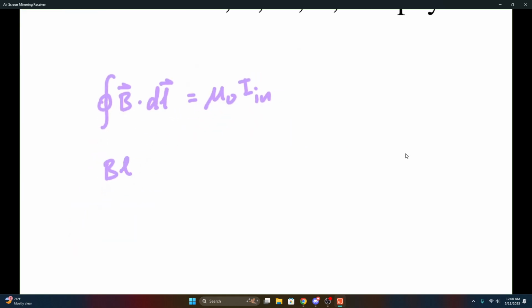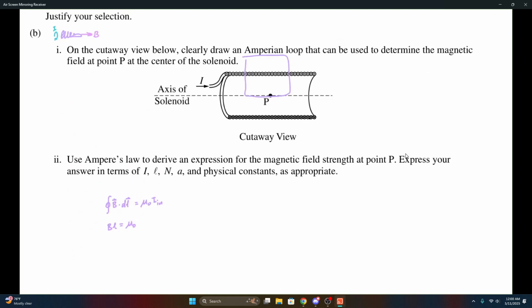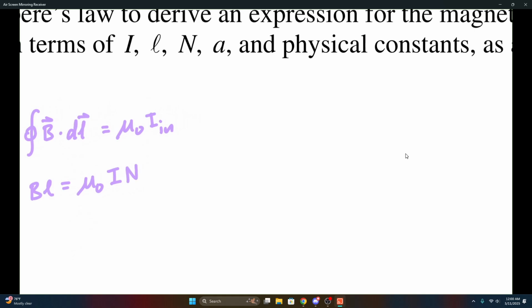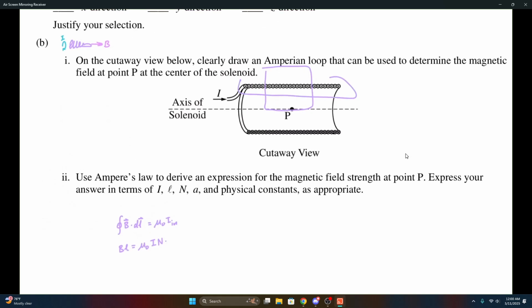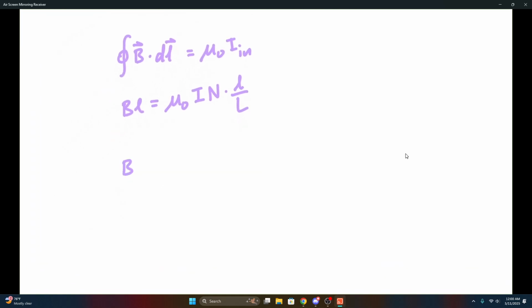So it's just B times little l equals mu naught, and then the I enclosed is the total current times the number of loops times the proportion of that loopy current inside our Amperian loop, which is little l over big L. So the field at point P is mu naught I n over L.